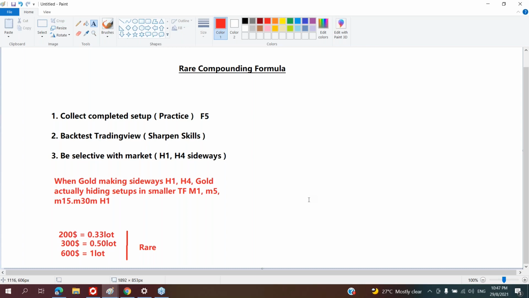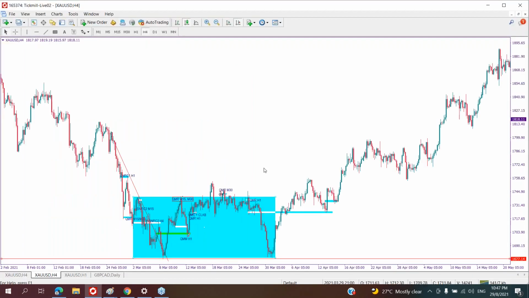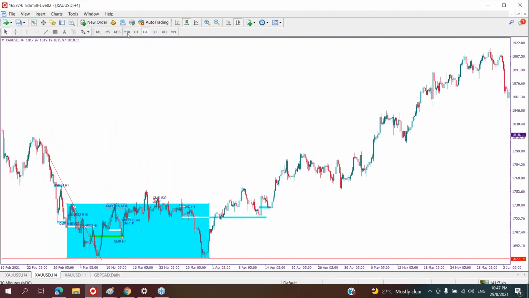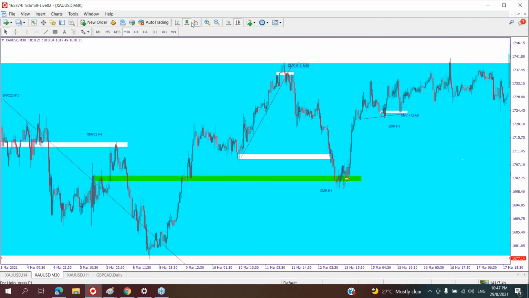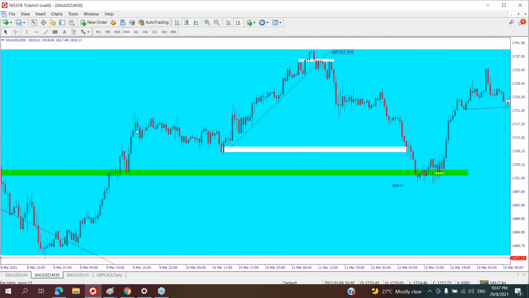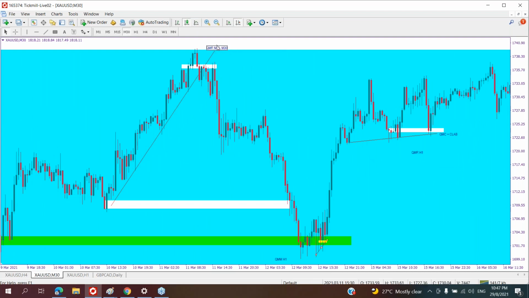Any question? More question? Do you recommend layer entry or single entry? I recommend layer entry. Okay, I give you example. So you know, like you see QM reversal here. This is QM reversal.